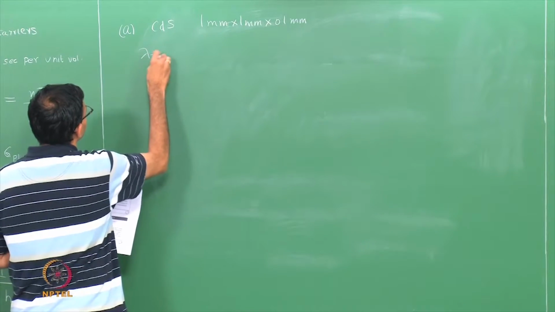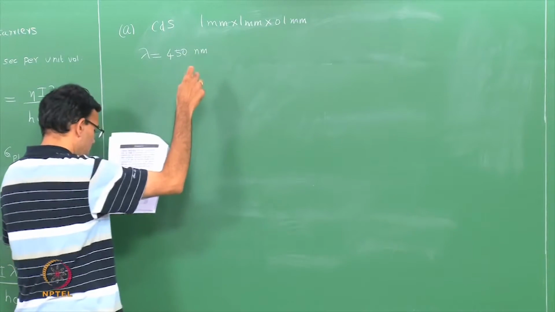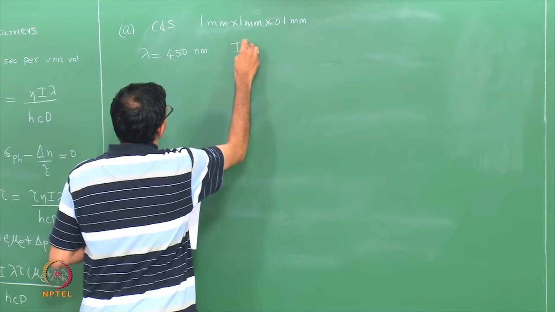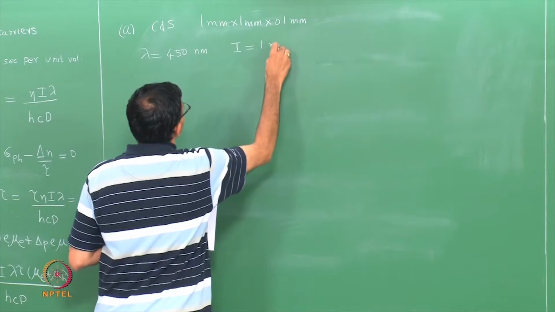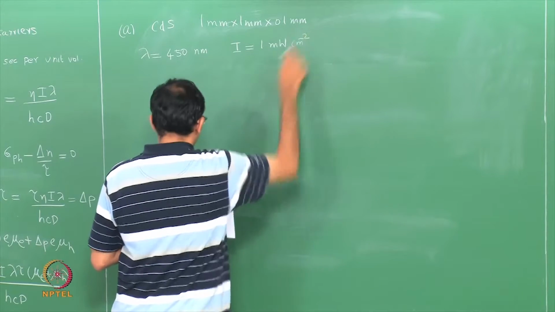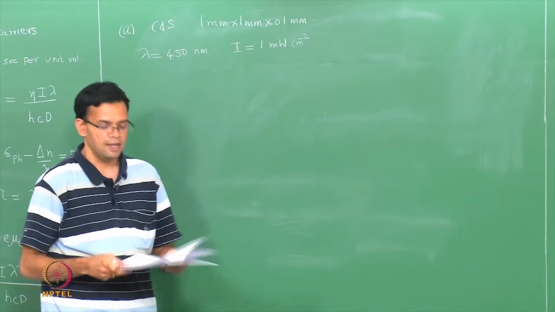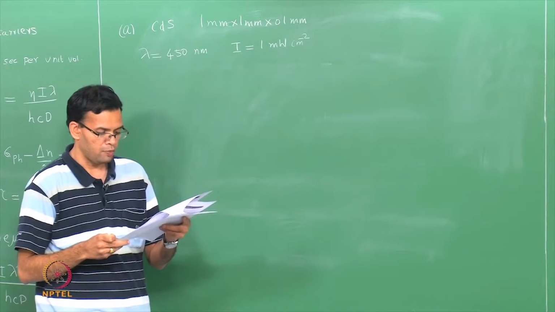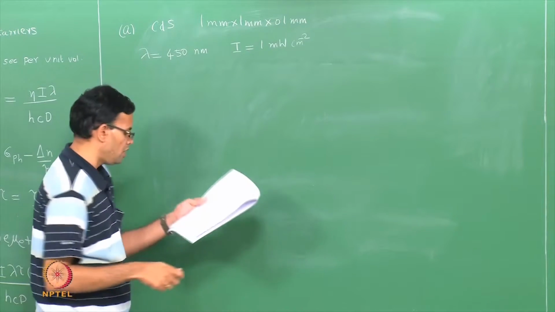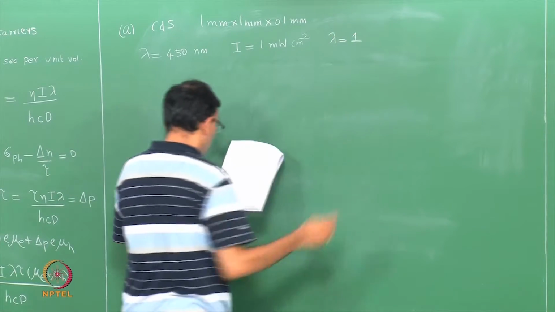So, lambda is 450 nanometers and intensity per unit area is 1 milliwatt per centimeter square. So, we need to calculate the number of electron hole pairs per second. The quantum efficiency eta is equal to 1.